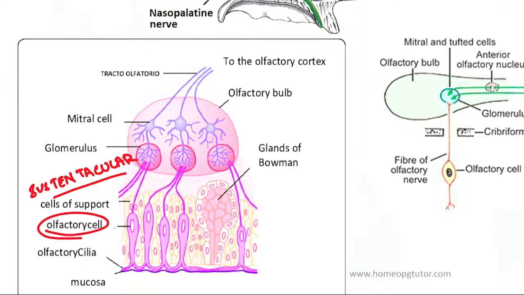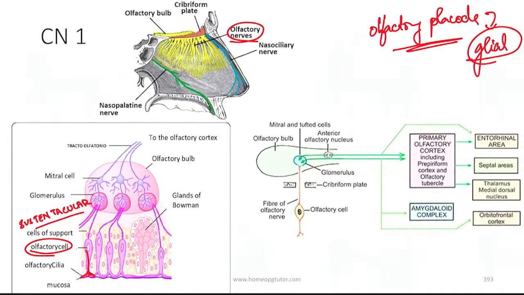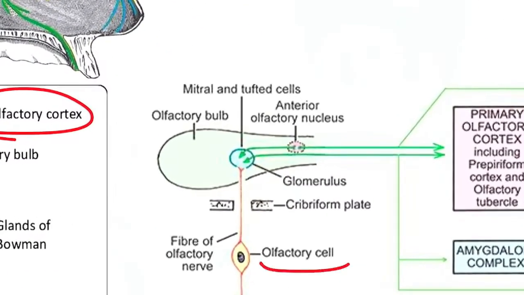Olfactory cells have projections, cilia or microcilia, which take up the stimulus and detect odors or smells in the air. That is how the olfactory stimulus is taken up and transmitted into the olfactory cortex. Till here we studied the olfactory cell.